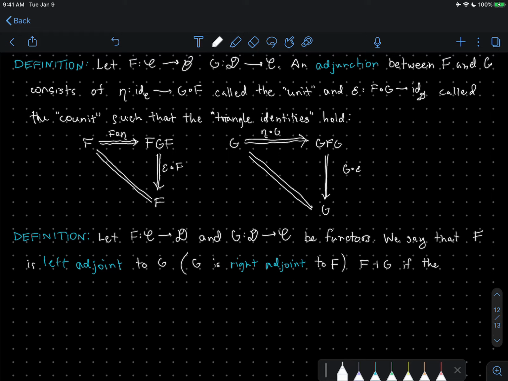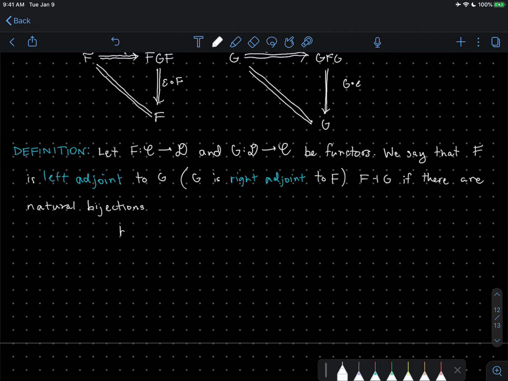If there exist, if there are natural bijections from Hom in D between F of C and little d, it's in bijection with the set of Homs in C from little c to G of little d.